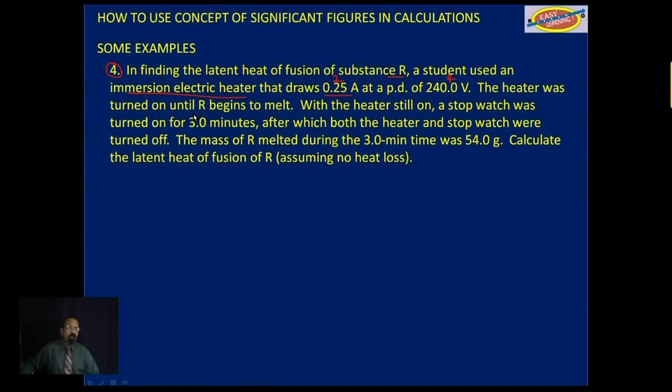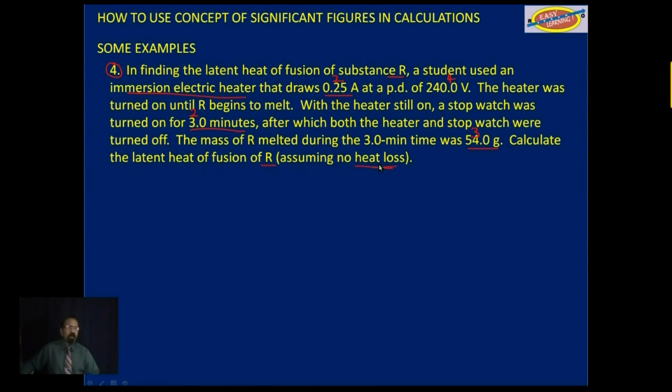The heater was turned on until R begins to melt. With the heater still on, a stopwatch was turned on for 3.0 minutes, two significant figures, after which both the heater and stopwatch were turned off. The mass of R melted during the 3.0 minutes was 54.0 gram, three significant figures. Calculate the latent heat of fusion of R, assuming no heat loss.